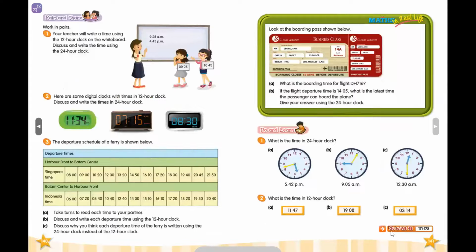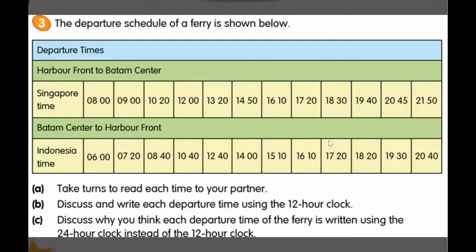Okay, then now we try. Here are a lot more examples. Here is the departure schedule. If you take a plane, this one is going to Batam and Harbourfront. You will see this happen often too. Let's ask Owen. This one, 1720 hours. What is it in 12-hour clock?